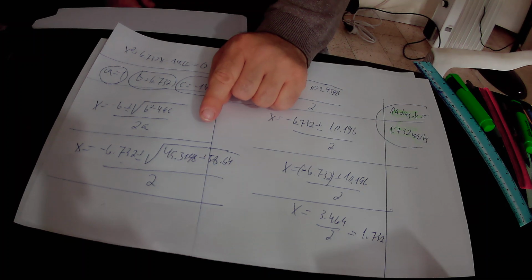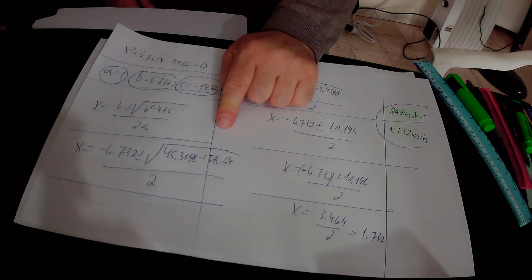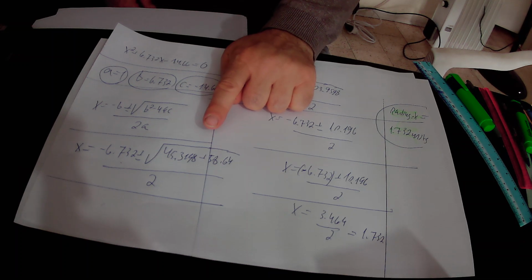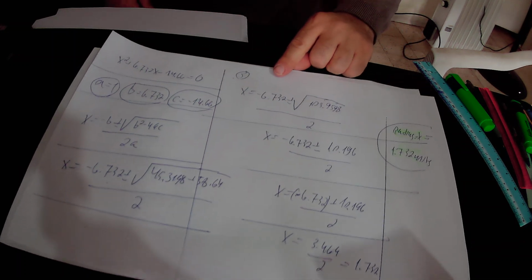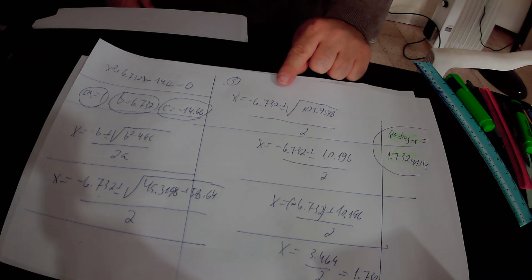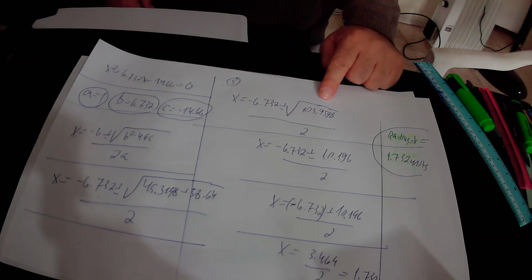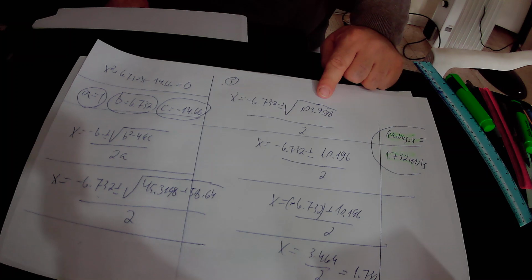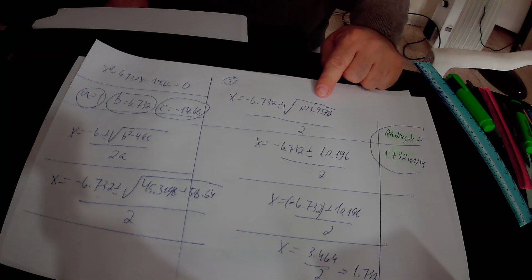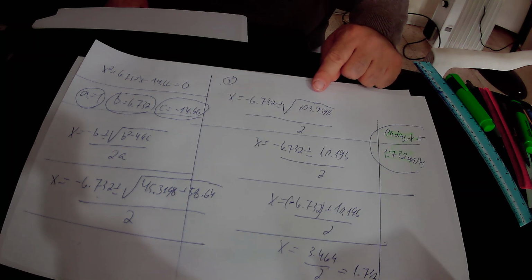So in conclusion, we found out that x equals minus 6.732 plus or minus square root of 45.3198 plus 58.64, divided by 2. 45.3198 plus 58.64 equals 103.9598, so inside the root we are left only with 103.9598.